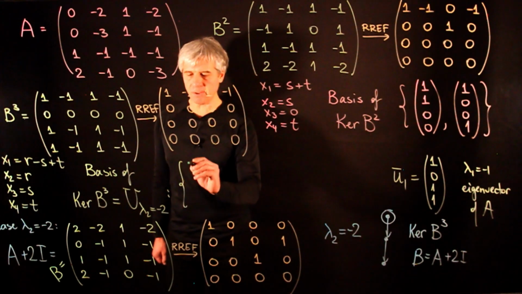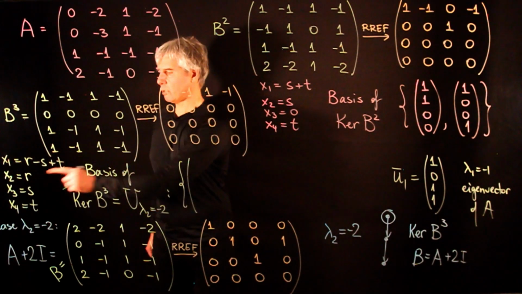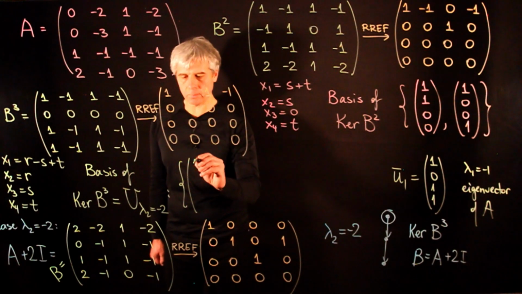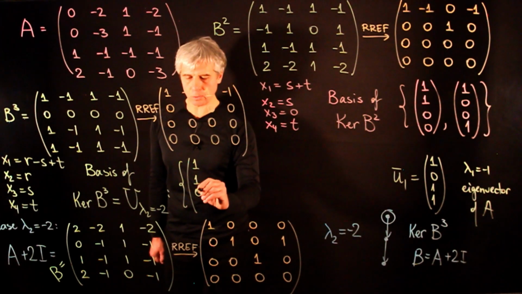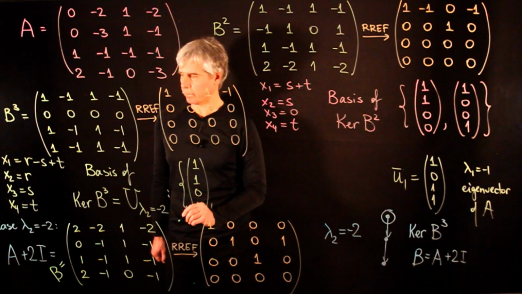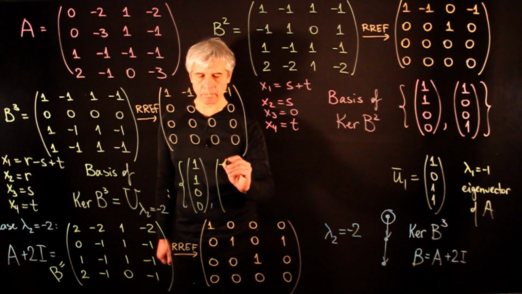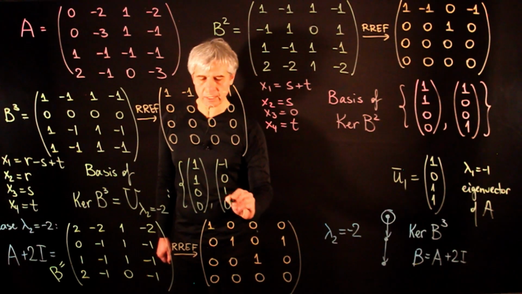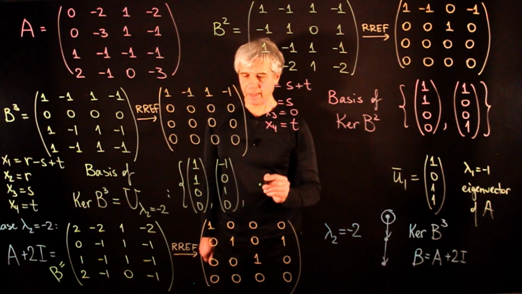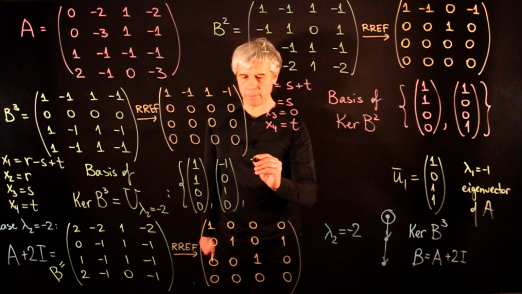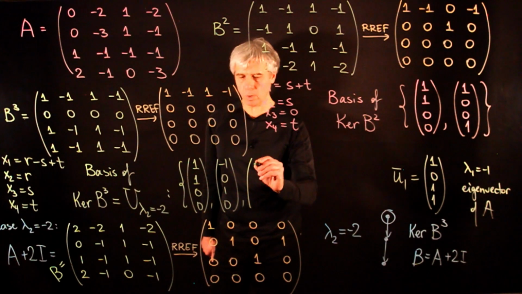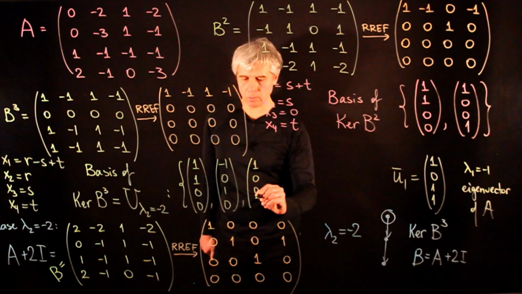Here we have three vectors. The first vector corresponds to parameter r. It will be (1, 1, 0, 0). The second vector corresponds to parameter s: (-1, 0, 1, 0). And the last vector corresponds to parameter t. So this will be (1, 0, 0, 1).